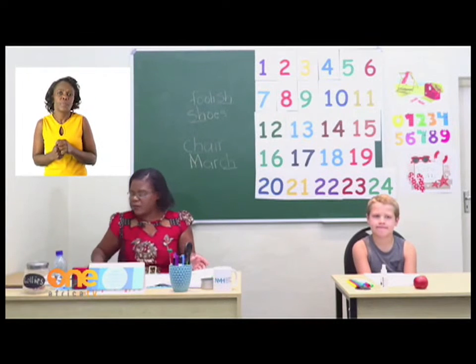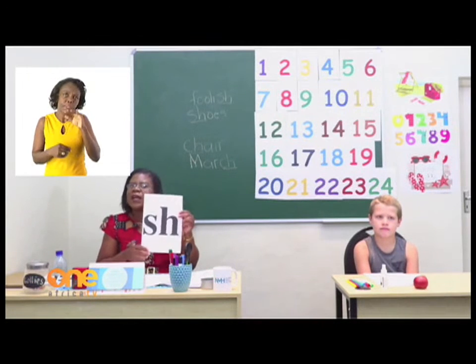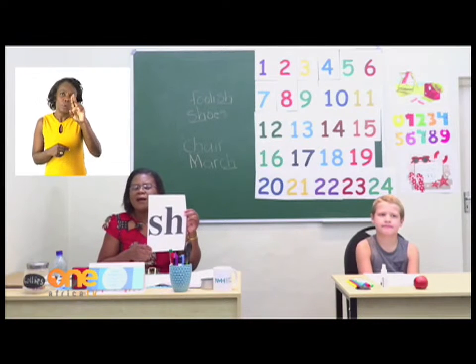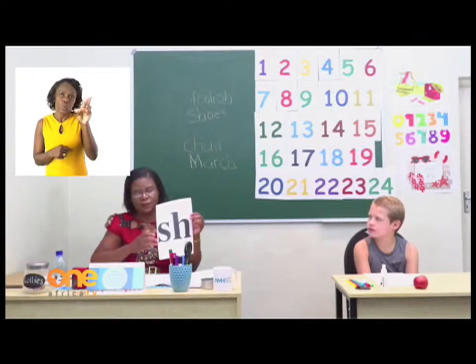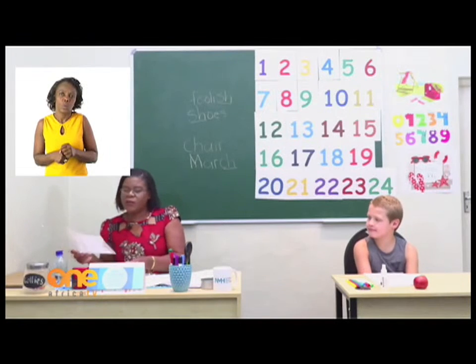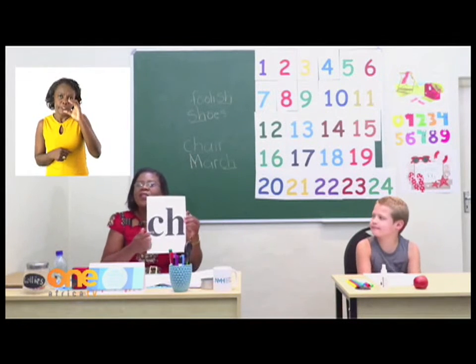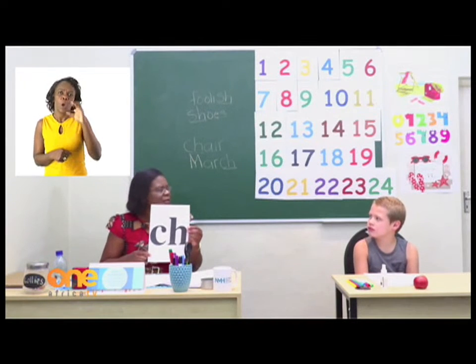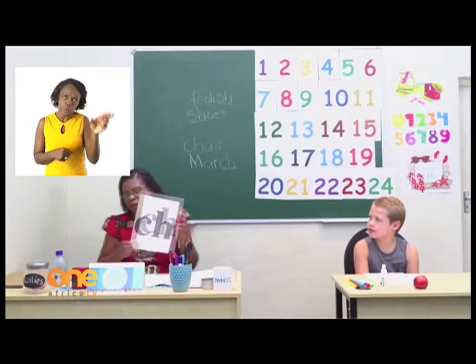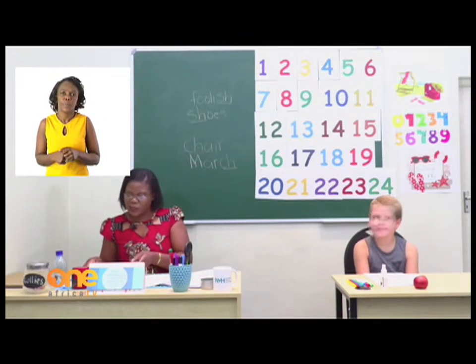We have learned the S and H. What sound is it? It's a sh. And we have learned the K and H. What sound is it? It's a ch. Those are the two sounds that we did.